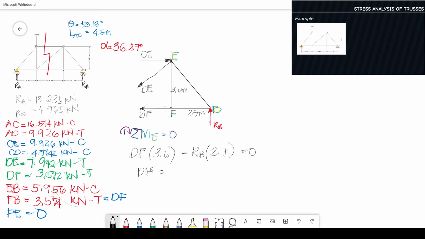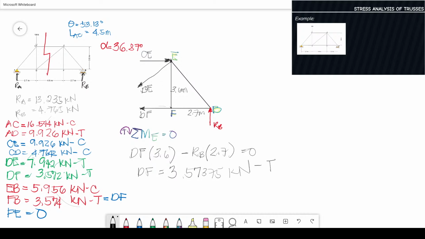When RB is equal to 4.765, that is equal to 3.57375 kilonewton. So DF is tension. DF is 3.57, we get the same value.